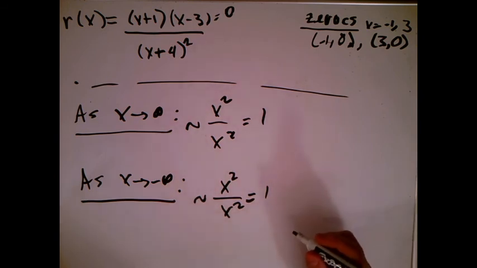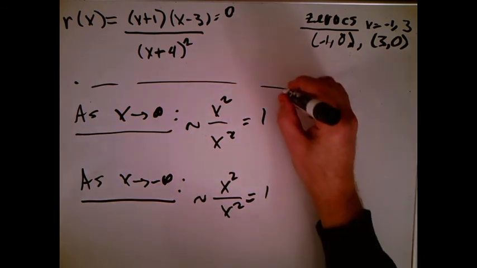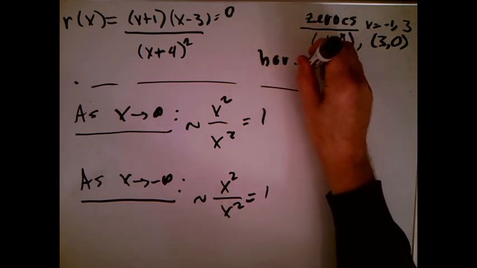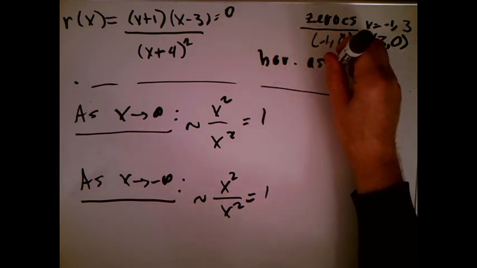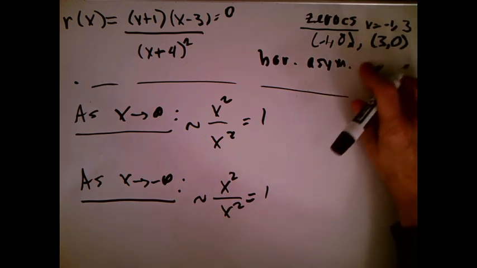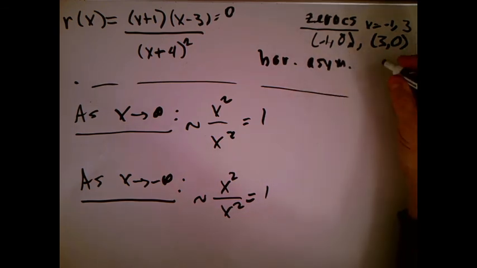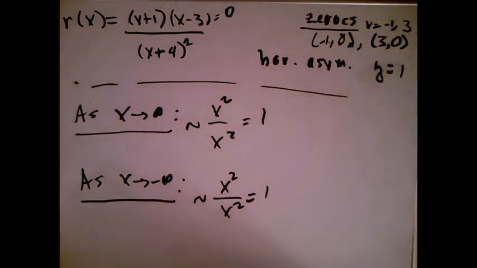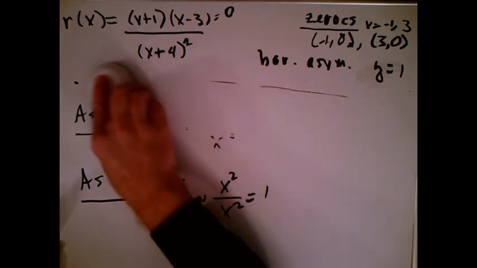So the horizontal asymptote on both sides is y equals 1. All right, just tabulating our little information here.